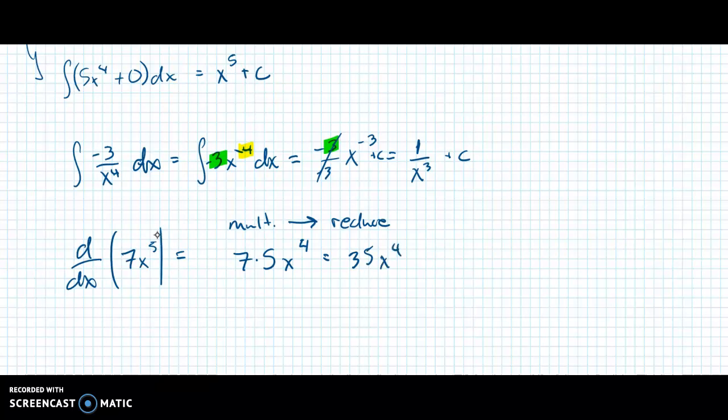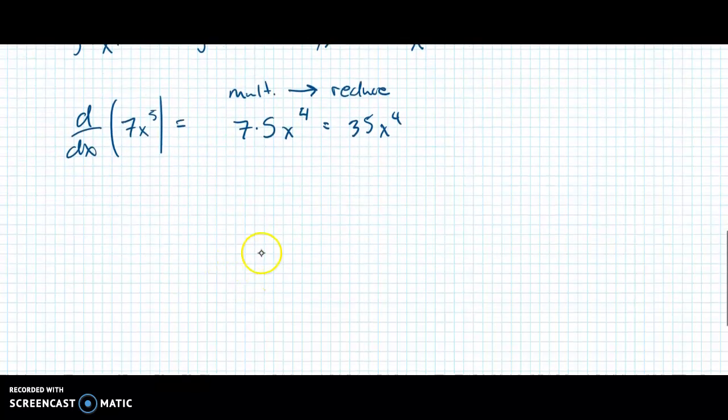So if the power rule for a derivative is multiply and reduce, the power rule for an integral or an antiderivative is going to be the opposite operations in the opposite order. So we are going to increase, and then we're going to divide.